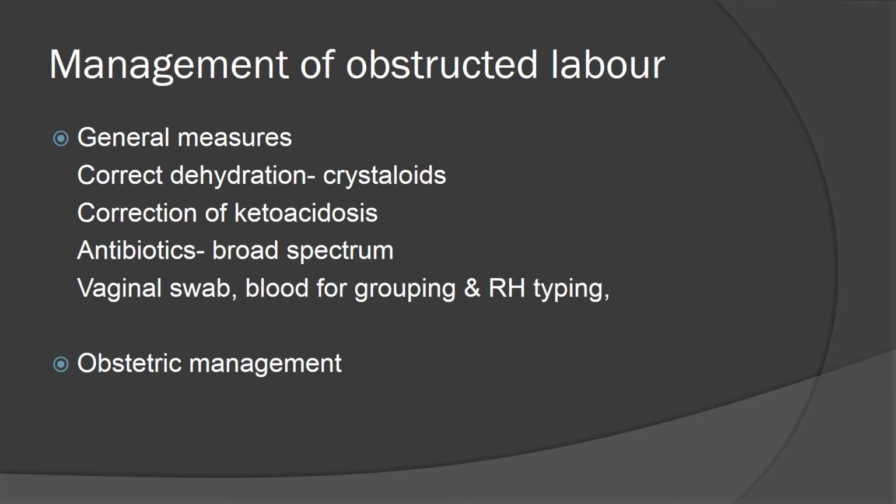Of course, a vaginal swab should be taken to know the organisms, but we will start antibiotics before we get the culture report. And blood should be arranged because we anticipate postpartum hemorrhage. And after the general measures, we have to take steps to deliver the fetus.